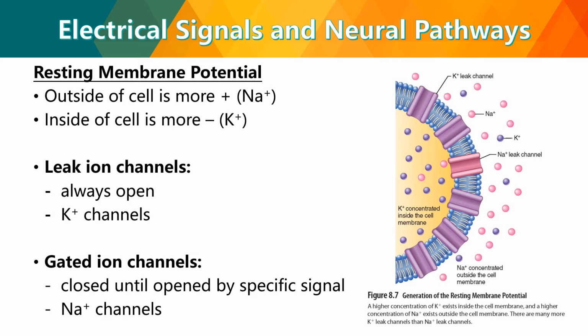Okay, so again, the differences of leak and gated ion channels: when you say leak channels, these are always open, so these channels let ions come in and out of the cell.